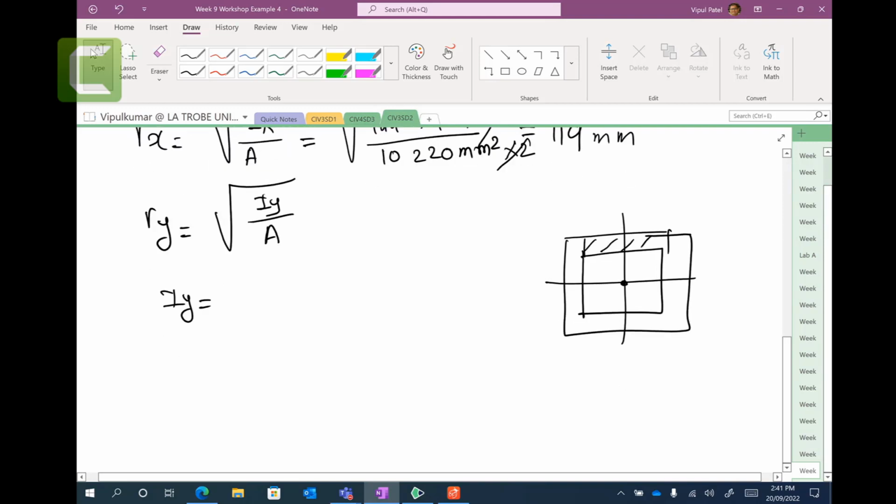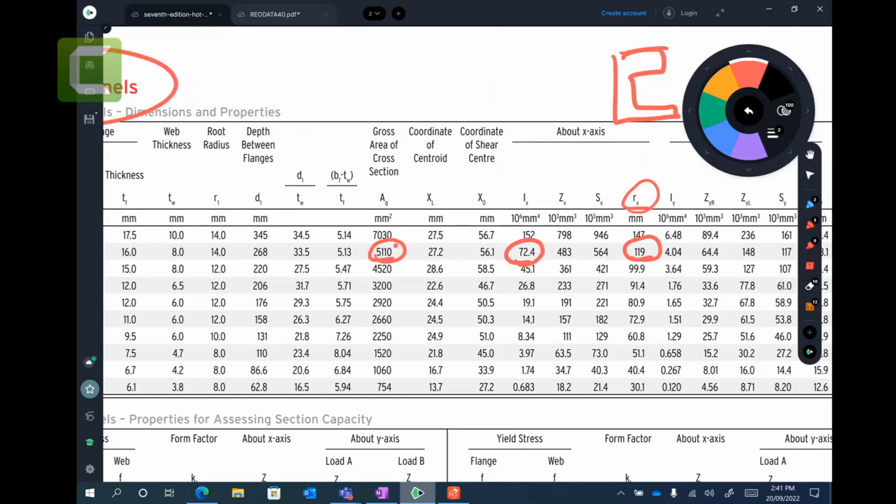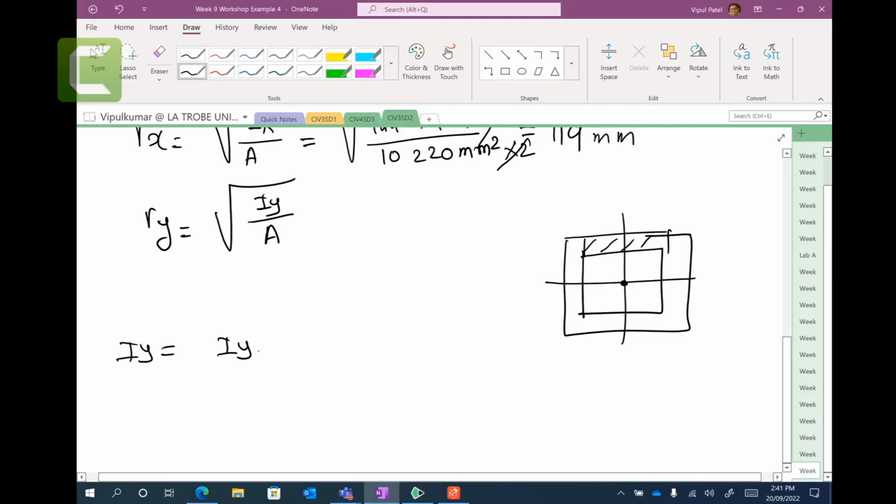So the Iy value equals Iy for your one plate, which is given here. Iy is 404 times 10 to the power 6. You know Iy is I plus AD squared.